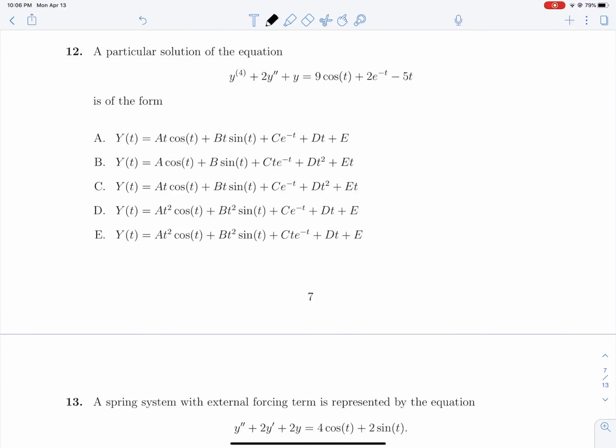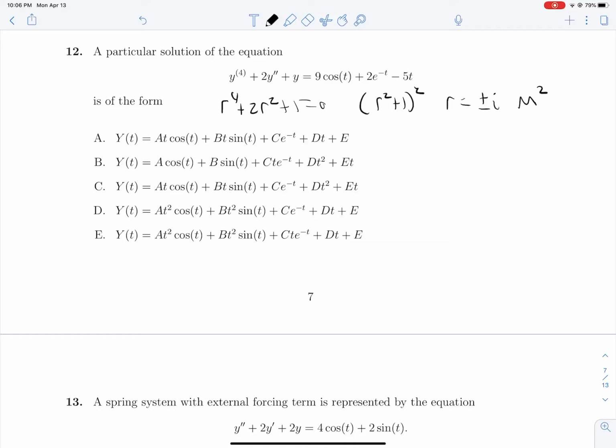Question 12, a particular solution of this equation is of what form? Right off the bat, we have to solve our characteristic equation. That's r to the 4th plus 2r squared plus 1 is equal to 0. This factors to r squared plus 1 squared, so this will give us r equals plus or minus i with a multiplicity of 2.